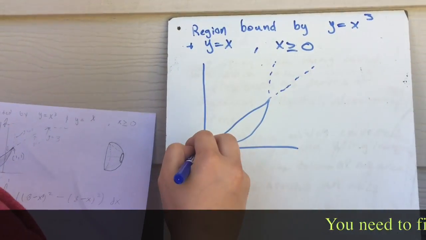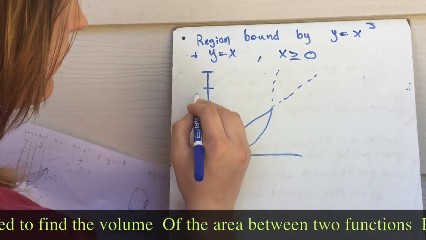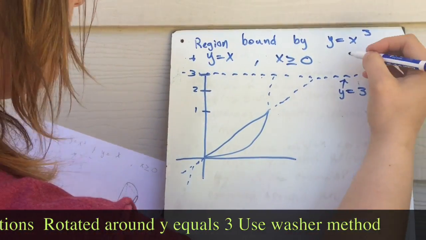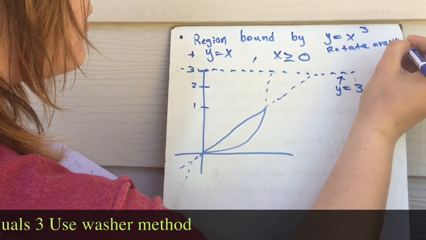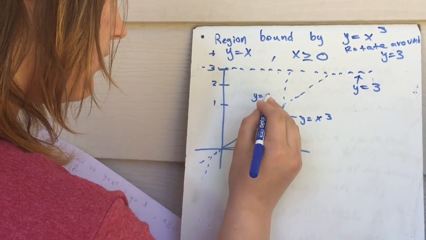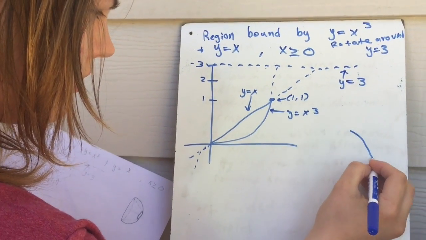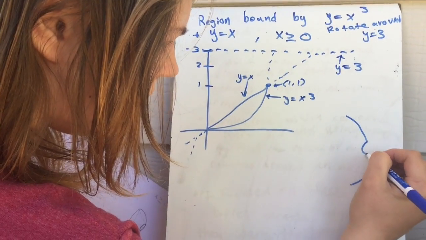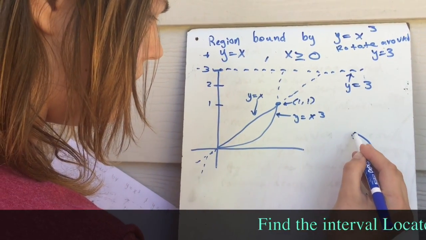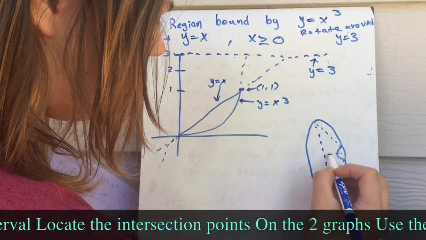We need to find the volume of the area between 2 functions. Rotate it around y equals 3. Use washer method. Locate the intersection points on the 2 graphs.